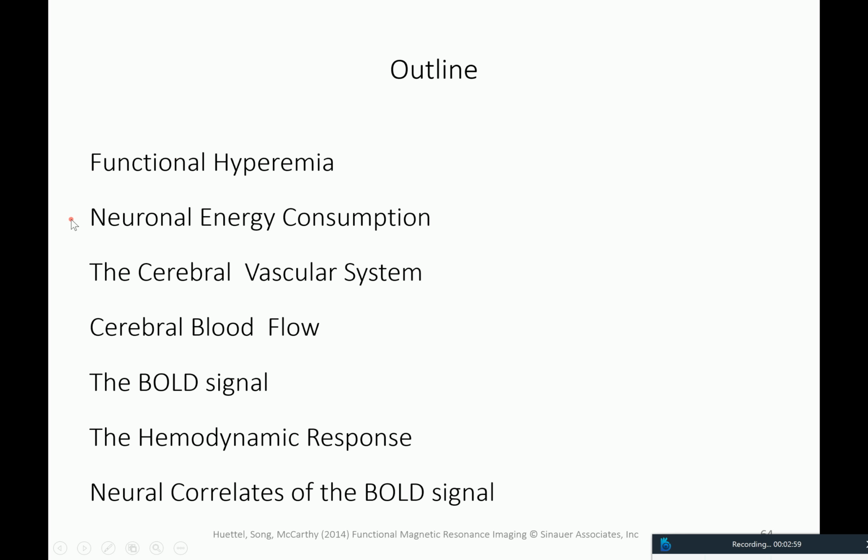So that's kind of the first bit, and then to characterize a little bit the BOLD signal, because that's the basic signal that is of interest in cognitive neuroscience when you use fMRI. And finally, to discuss a little bit on what the precise neural correlates of the BOLD signal might be.